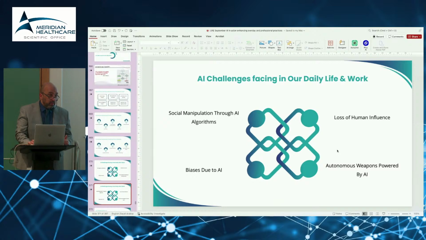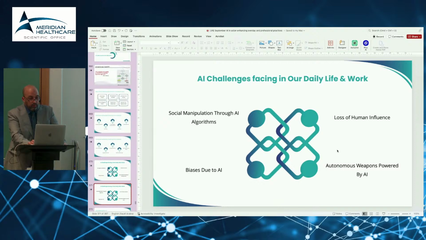Machine learning has bias. So sometimes there is some sort of manipulation or changing of facts, or using your voice after cloning it. Loss of human influence. AI till now has no emotional expression or use of emotion, but we don't know tomorrow what will happen, inshallah.